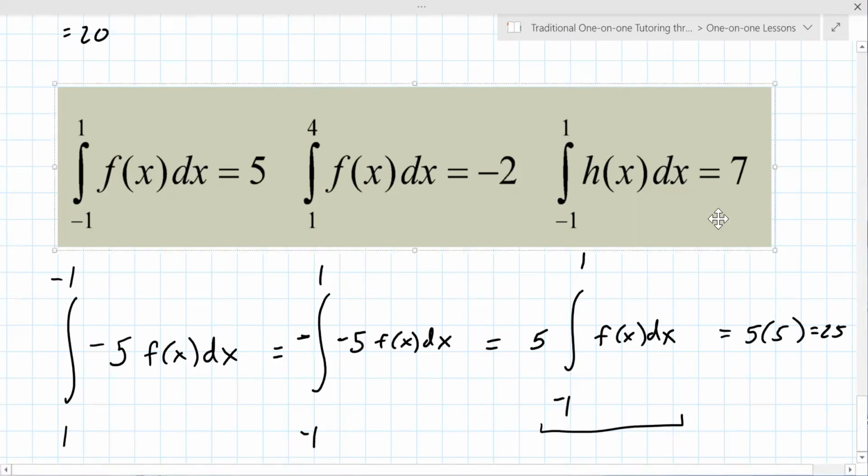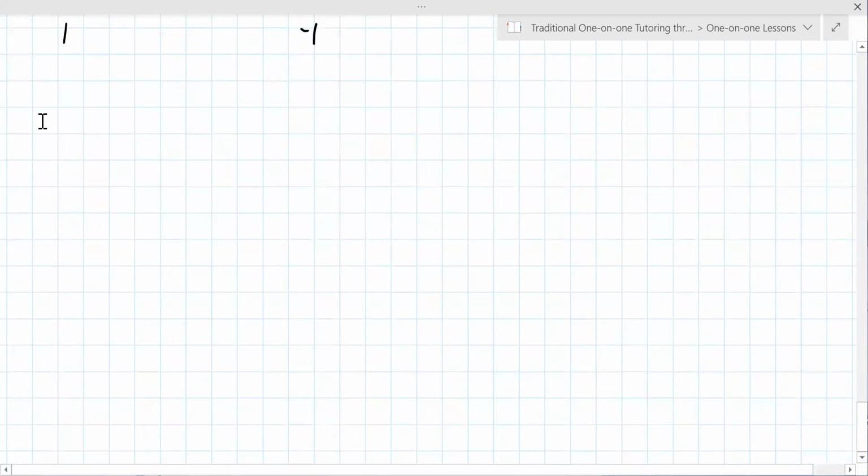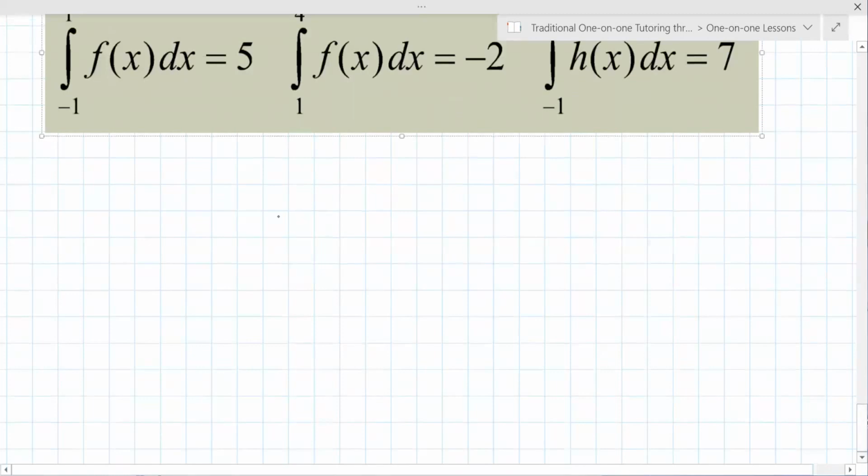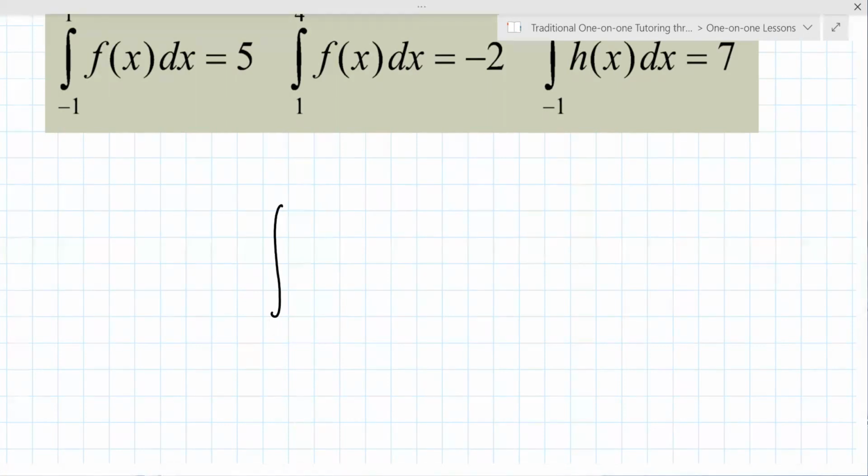Okay, a little more synthesis. All right, so we're going to focus on this middle one. Let's say I want the integral from, actually I need to bring in one more property here. That fourth property, do you think you understand that already or not on that page?